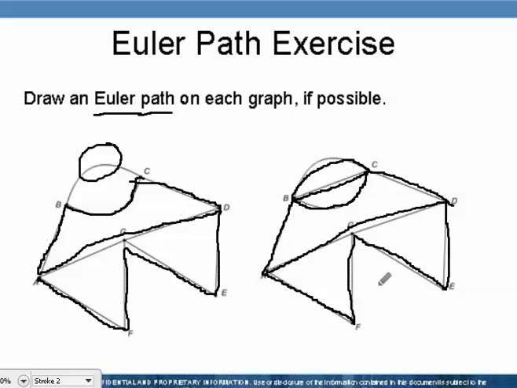Why would this be important? You know what? Think of this as the ice cream truck. The ice cream truck. Why? The ice cream truck travels around and it goes down every street and it rings its bell and sells its ice cream, right?